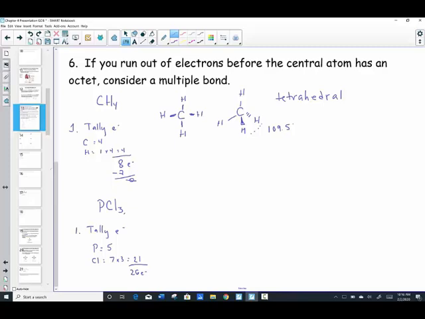Step 2 says, select a central atom and place it in the center. Never pick a halogen like chlorine because it only has room for 1 bond and you run out of stuff to do with it quickly. Phosphorus is the least electronegative.